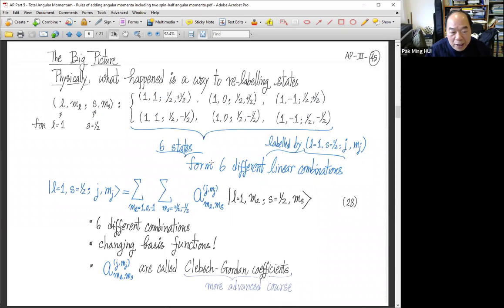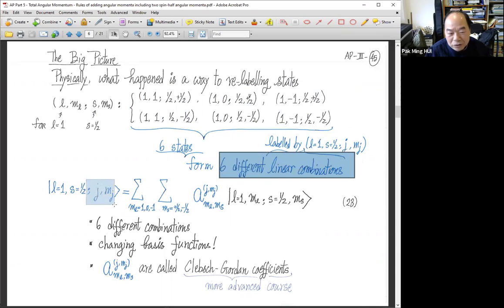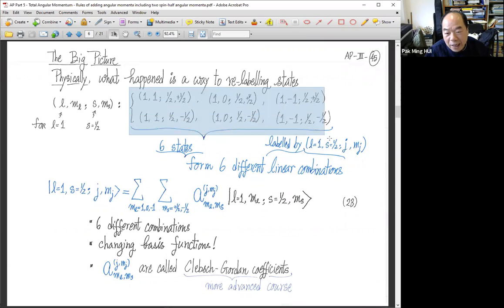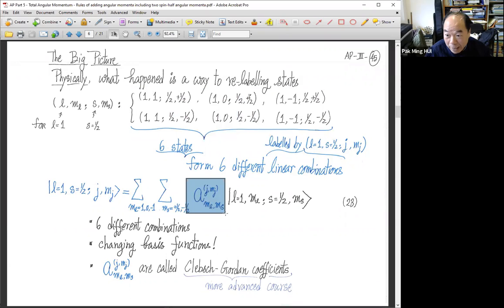Now I switch label to J, MJ, total angular momentum. Obviously, there are 6 states going into a black box and 6 states coming out in this label. Mathematically, it means each one of them is a linear combination of these 6 states. So each one will have 6 coefficients to look for, all right?